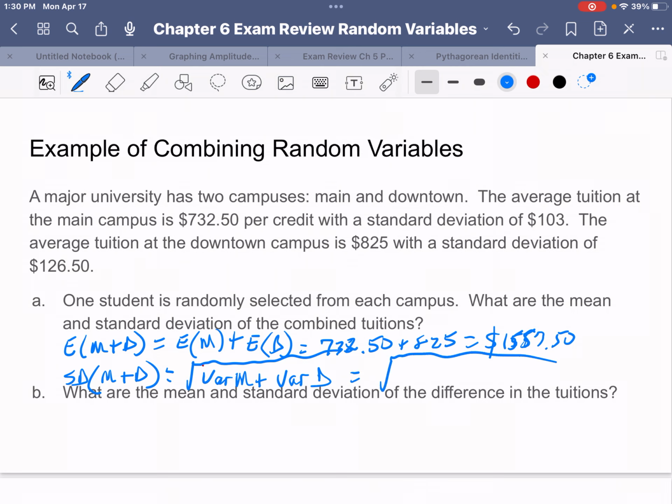So that's actually equal to the square root of 103 squared plus 126.50 squared. So remember, if 103 is a standard deviation, 103 squared is the variance. So if I take 103 squared plus 126.50 squared and take the square root of that, I get 163.13.